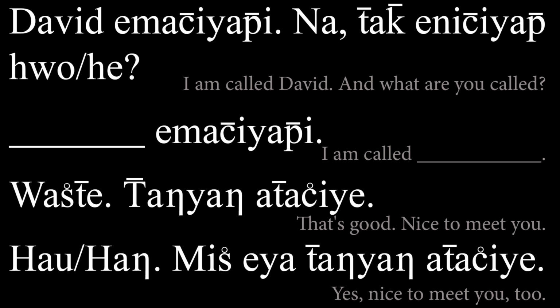Okay, now let's dialogue. All right? I will say the lines 1 and 3. You answer me with lines 2 and 4. Okay? So I'm going to say David Omachi natagani he. You say your name and then Omachi. Okay? When you answer. Then I will say Washte dayan atachie. And then you answer me by choosing the word you want, either how or ha.